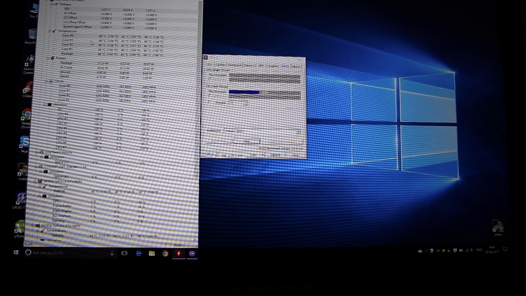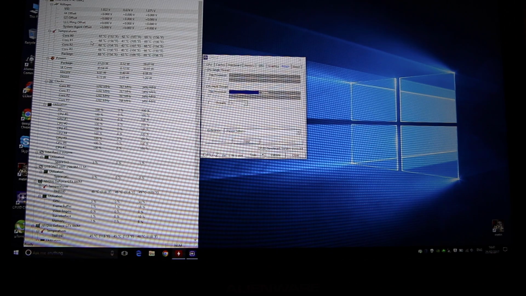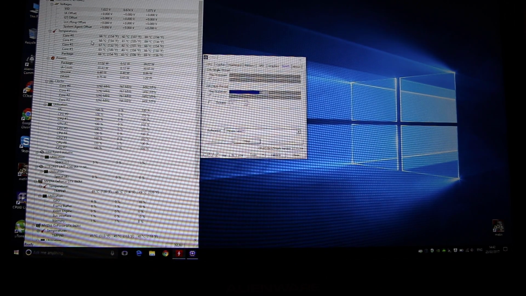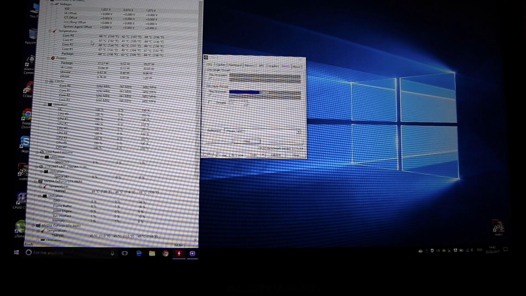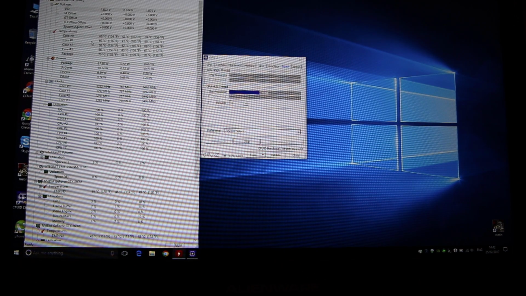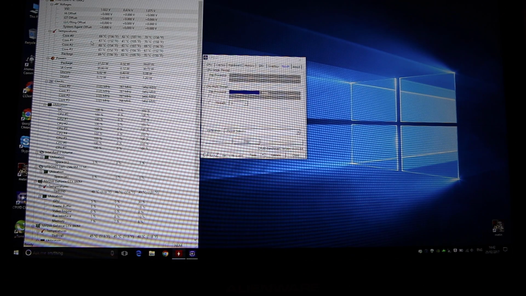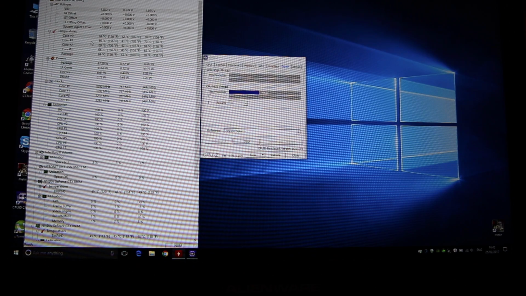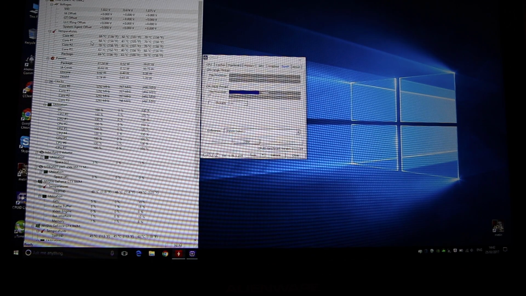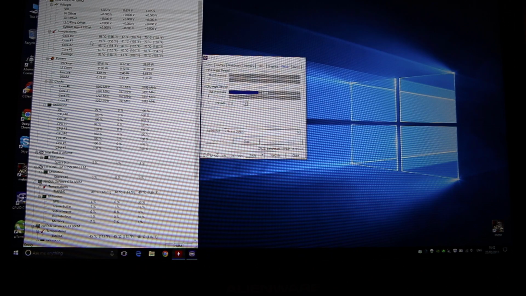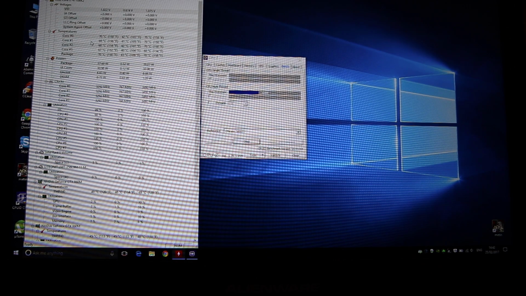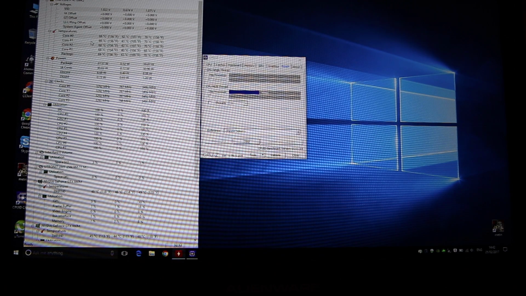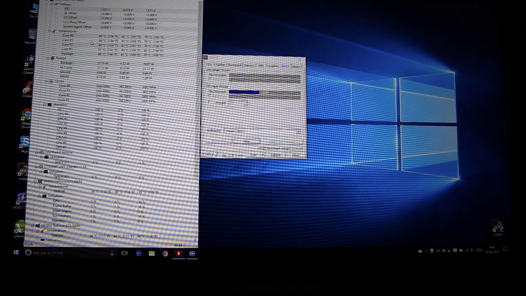This big laptop, with big heat sinks, it's not a problem. It's no issue here. So the temperature is around 70 degrees, and yeah, it's just sitting there and nothing happened.